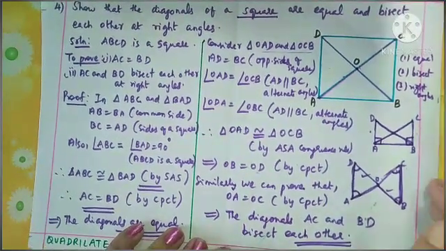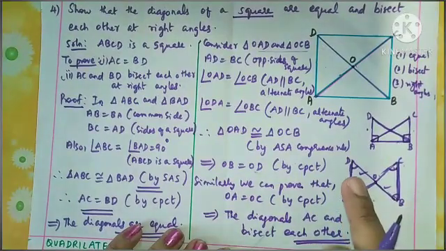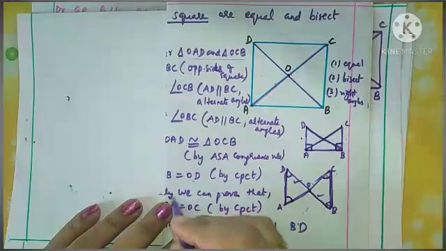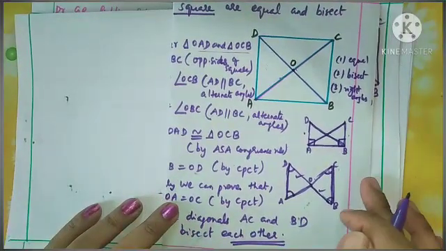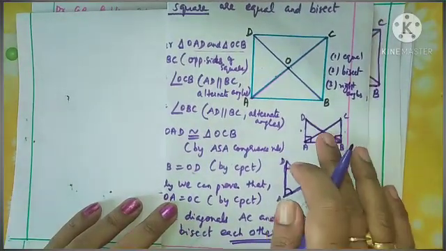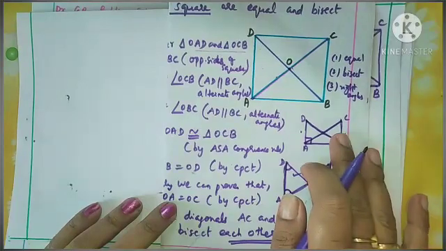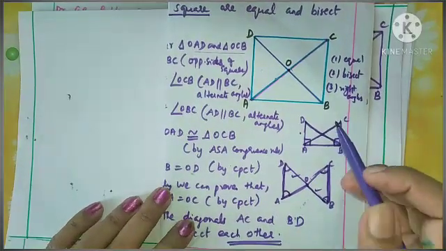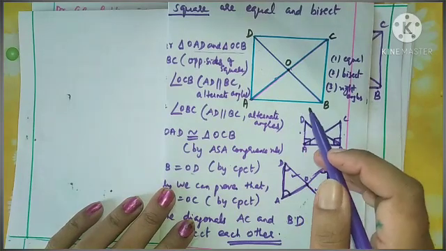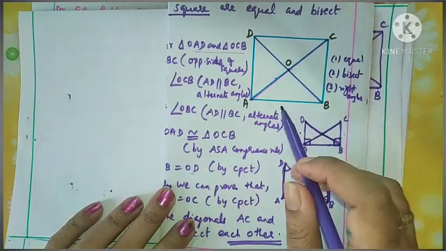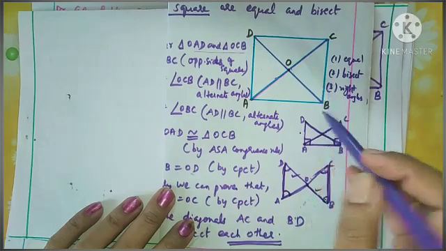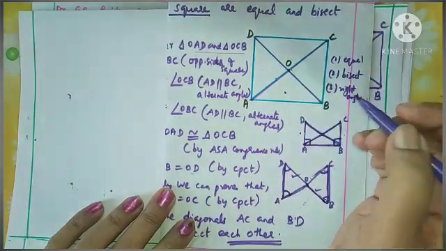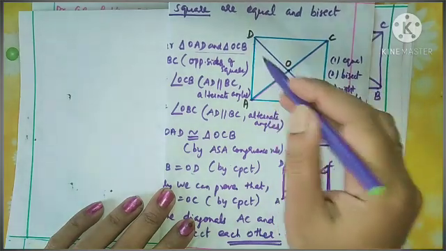Now you know we need to prove one more condition. What is that? The diagonals cut at right angles. What is the thing we want to prove now? We want to prove these two diagonals cut at right angles. So for that we are going to consider the two triangles, that is AOB, this triangle, and ODA, this triangle.